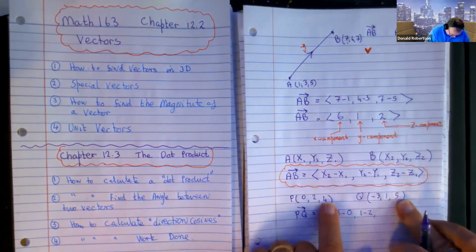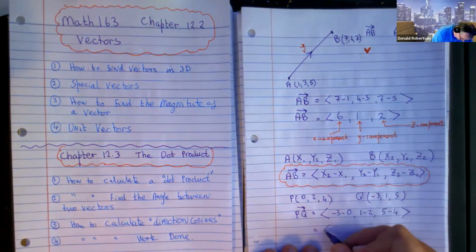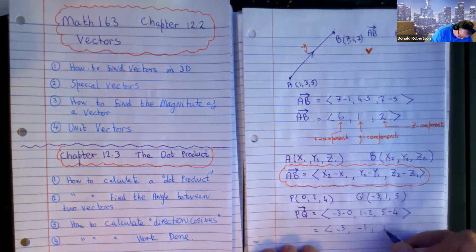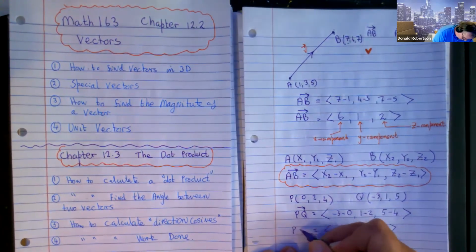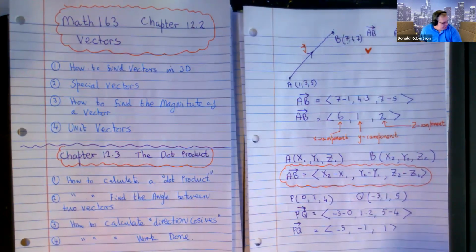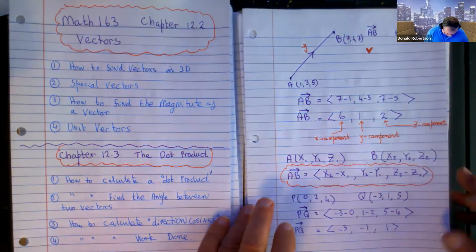And finally, 5, take away 4. And in this case, -3, -1, 1. And we now have our vector PQ. So if you want to find a vector joining 2 points together and you know the coordinates of them, that's essentially how it would work.